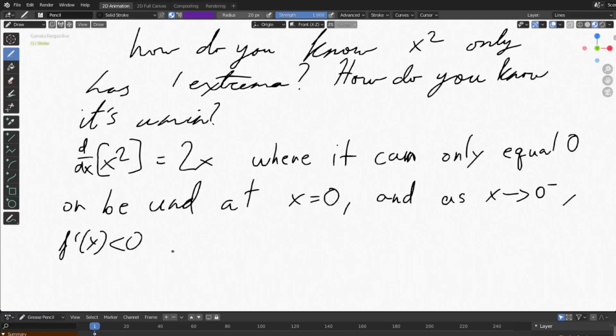You can write that to show that's negative. And as x approaches 0 from the right, f prime of x is positive. That's an answer I would realistically write, the justification, and that would be the answer for that question.